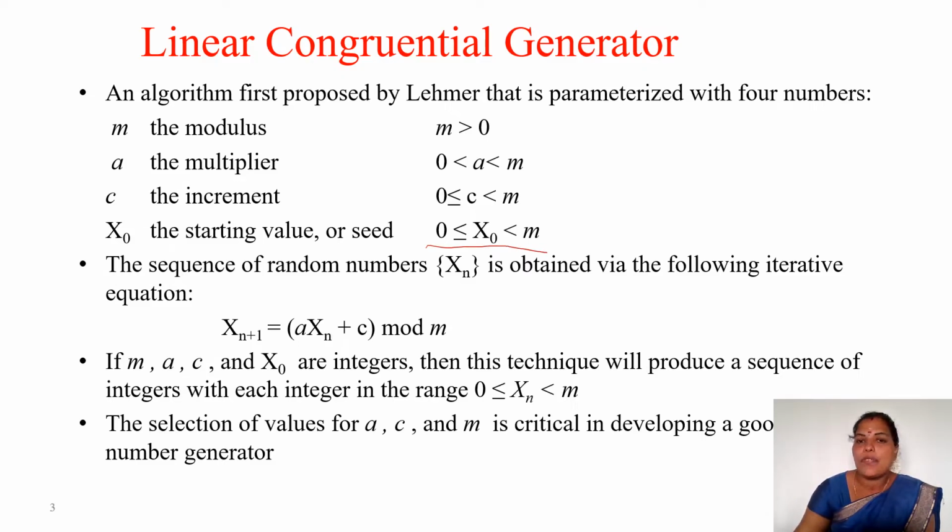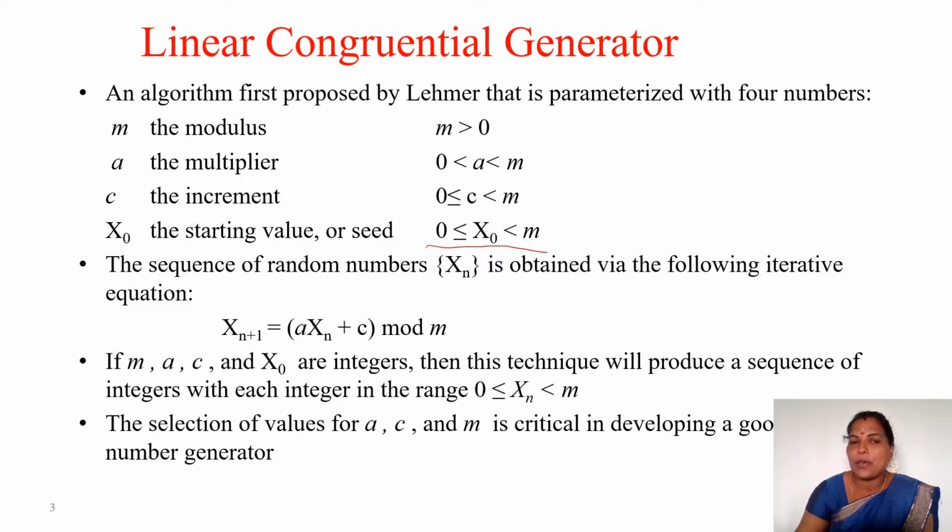For the sequence of random numbers, initially we have the seed value, x naught. That seed value is generated by the true random number generator, and we use it in the linear congruential pseudo random number generator. Then we produce many random numbers from the initial seed value.